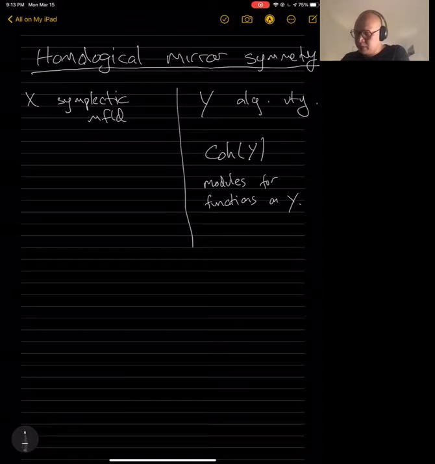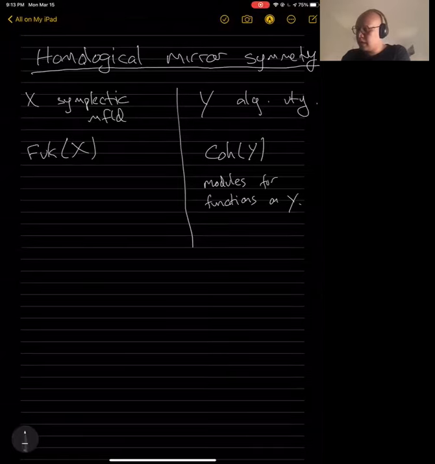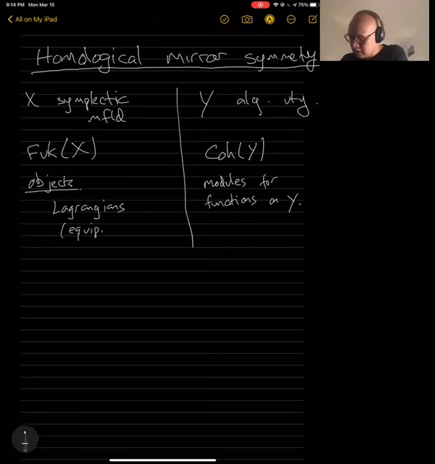And on the symplectic manifold, there's a category you can form, and it's called the Fukaya category. And well, being a category, it has objects. So objects are Lagrangians of some kind or another. And it's important that they carry local systems, so equipped with local systems.